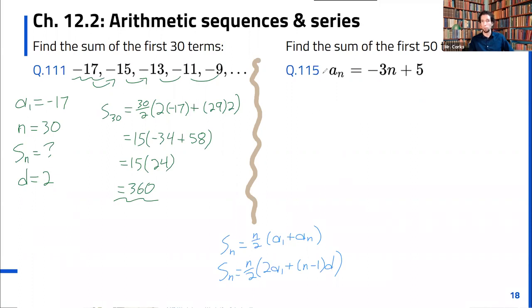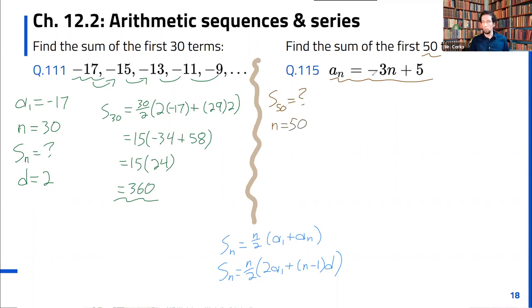The first one. We're given a general term formula, and we want the sum of the first 50 terms. Let's write that. 50 is what we're being asked to find, so we have n equals 50 here.